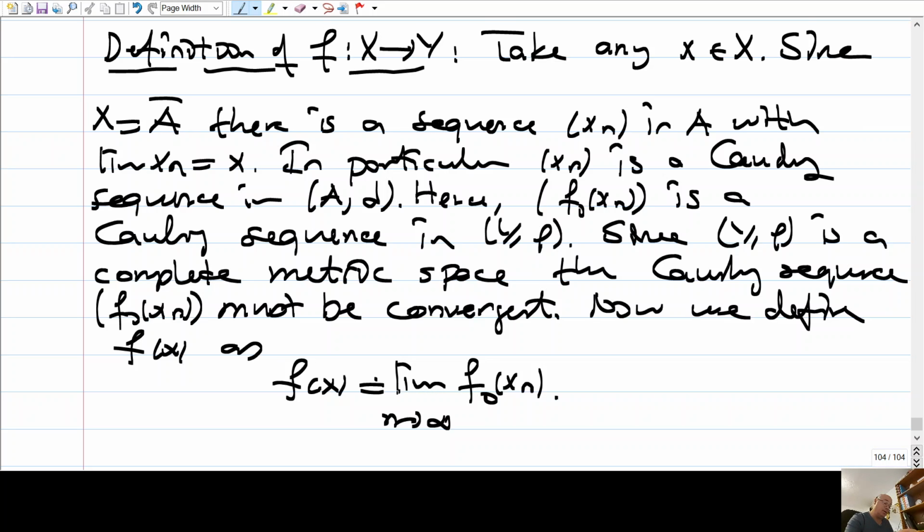Would I get the same limit? If I don't, then this won't be a well-defined function, because depending on the sequence you choose, you get different values, and that's not acceptable. The value of this function at a point should be a specific fixed value. It shouldn't depend on the person who chooses the sequence converging to x.